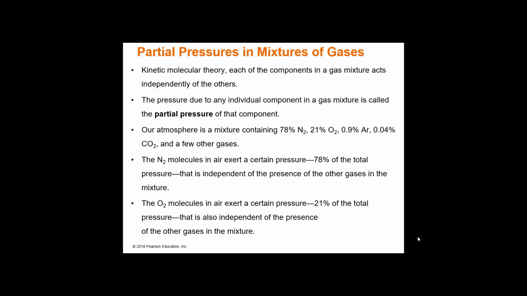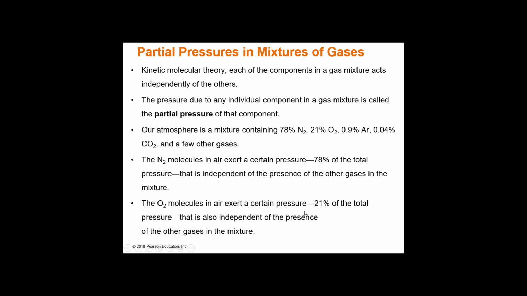So if we look at our atmosphere, our air is made up of 78% nitrogen, 21% oxygen, 0.9% argon, 0.04% CO2, and a few other trace gases. All of these gases each create their own partial pressure, and we add them up together, and we know what the total pressure of our atmosphere is.